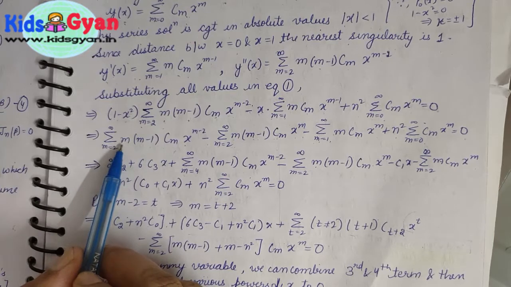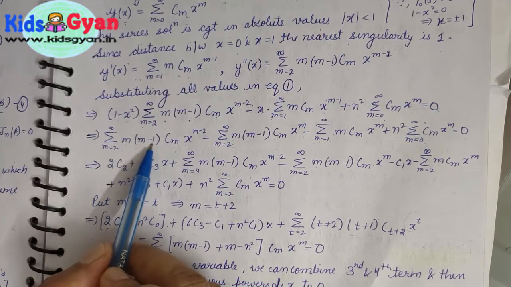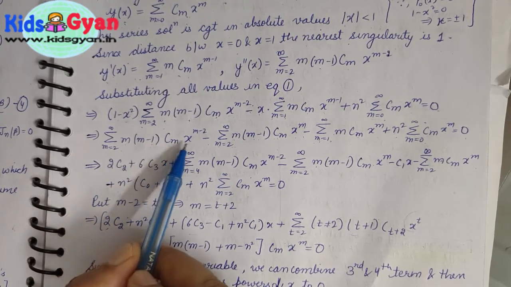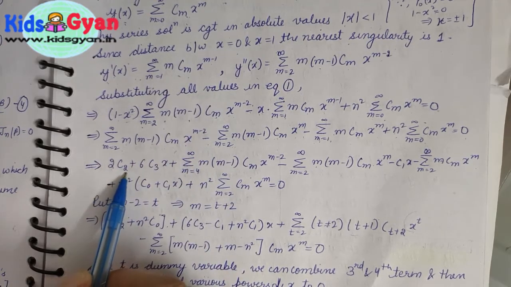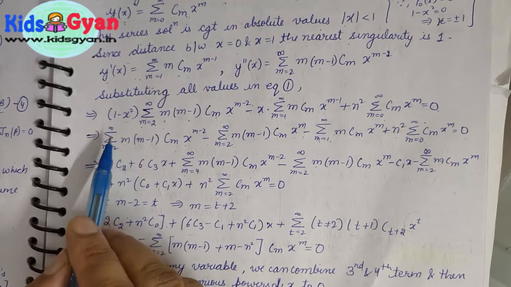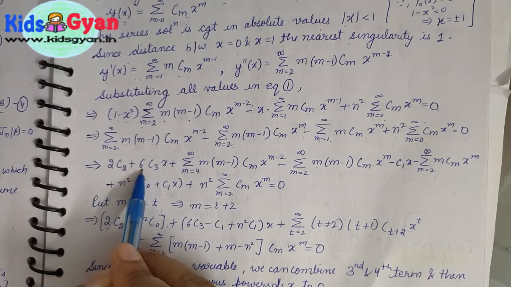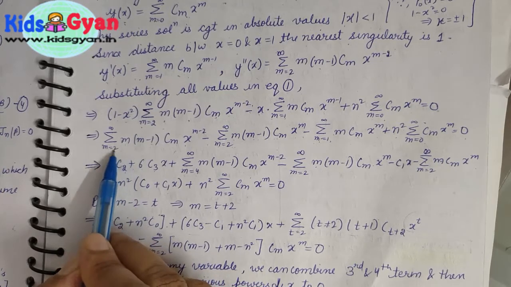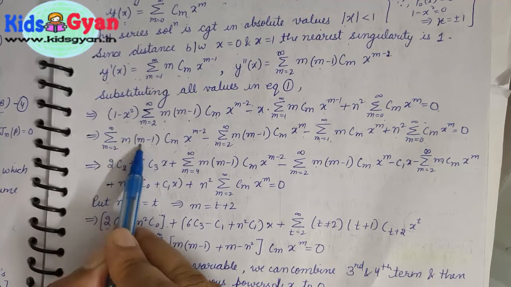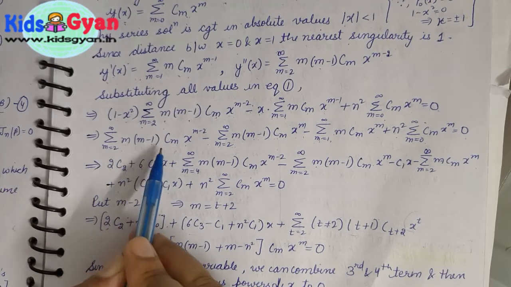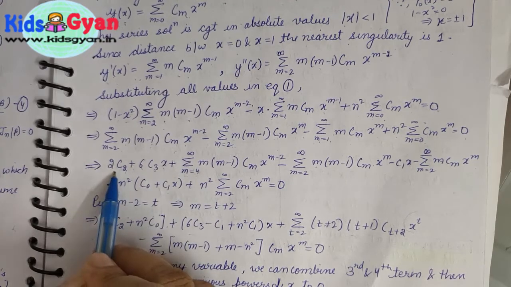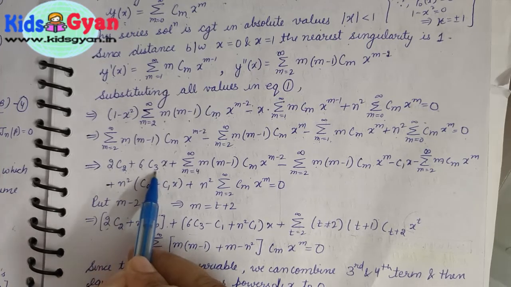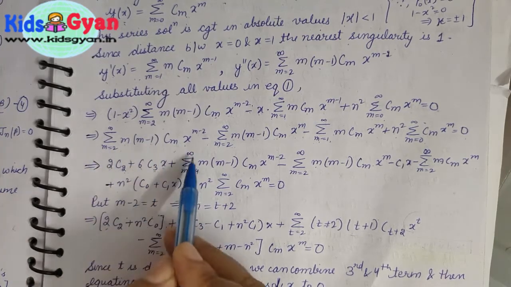Now if we put m = 2, 2 minus 1 is 1, c_2 x^(2−2) is x^0, that is 1, so we get 2c_2. Next if we open this summation, putting m = 3, 3 minus 1 is 2, that is 6 c_3 x^(3−2) = x. So we get these terms, 2c_2 plus 6c_3 x.